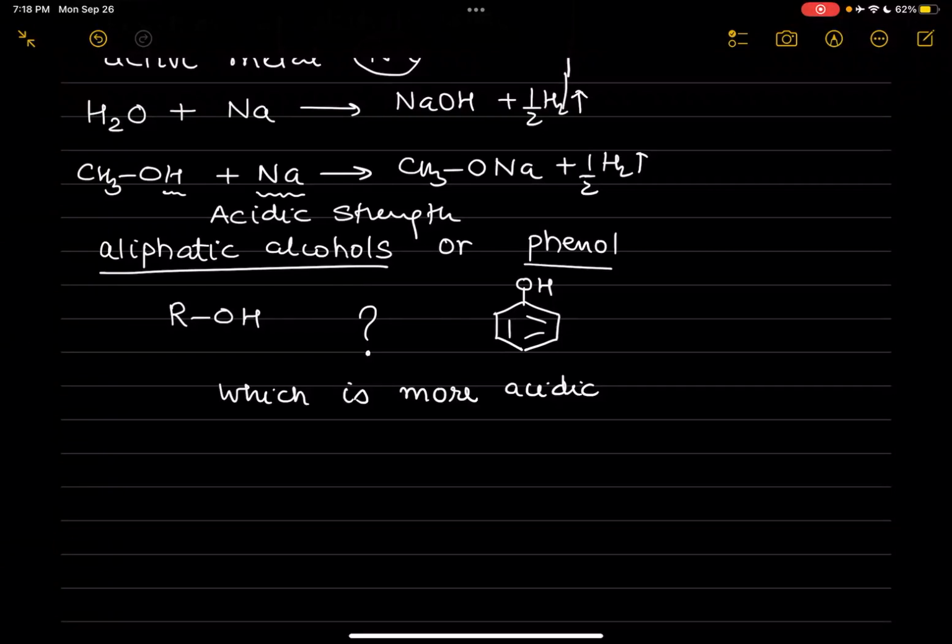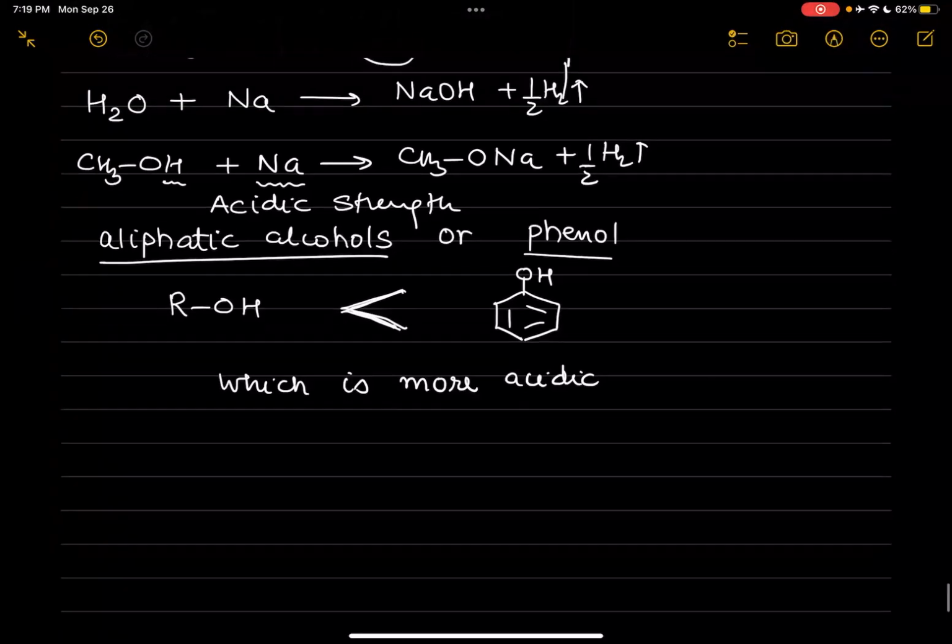It is because of the structure. Yeah, the aromatic rings tend to be more reactive or acidic than aliphatic. Yeah. So the answer is phenol is more acidic. Phenol. Okay, phenols are more acidic. Why?